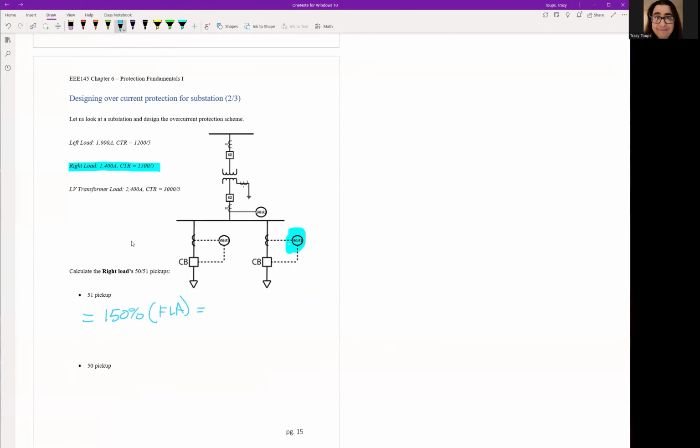This is 1.5 times, in our case, 1400 amps over our CTR. Now this is 500 to 5, so this is going to be a 300. And then this number is going to be 7 amps. Again, this is for the 51 element.